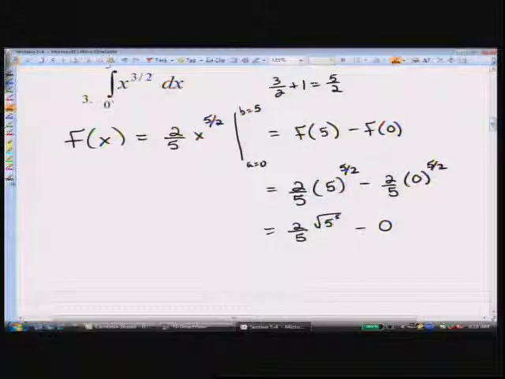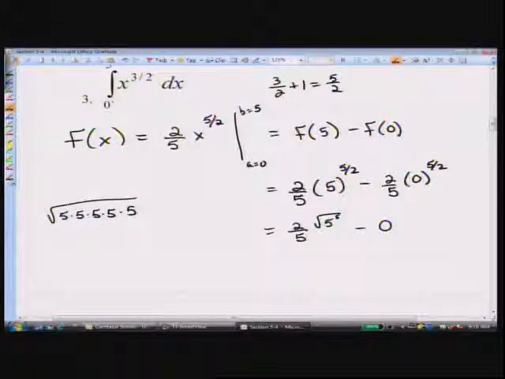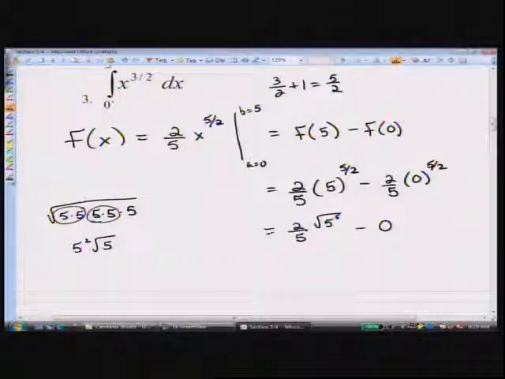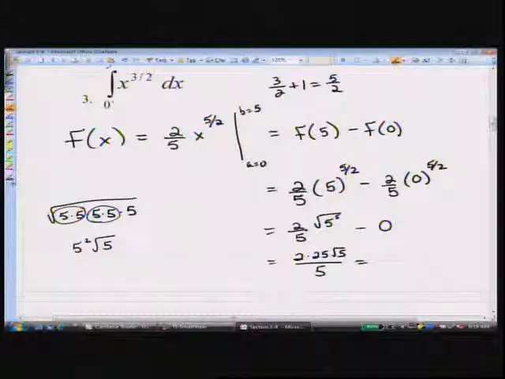So if you do the square root of 5 times 5 times 5 times 5 times 5, you can pull 1 5 out here for 2 of these, and you can pull another 5 out there. So you're going to have 5 squared on the square root of 5, or 25 on the square root of 5. So this is 2 times 25 on the square root of 5 over 5. And then 5 goes into 25 5 times, and 2 times 5 is 10. So this is 10 on the square root of 5.